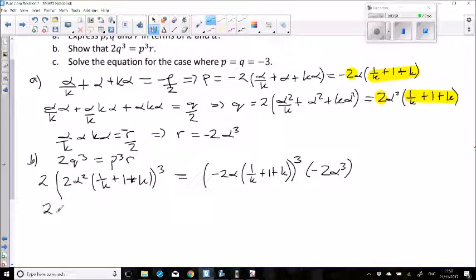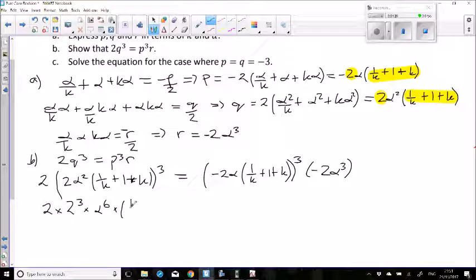So I've got 2. Now I've got some brackets here, but there's 3 things multiplied in this bracket, and they're all to the power of 3. So that 2 is to the power of 3. Now I've got alpha squared to the power of 3, so that's going to be alpha to the power of 6. Remember, power to the power, we multiply the powers.